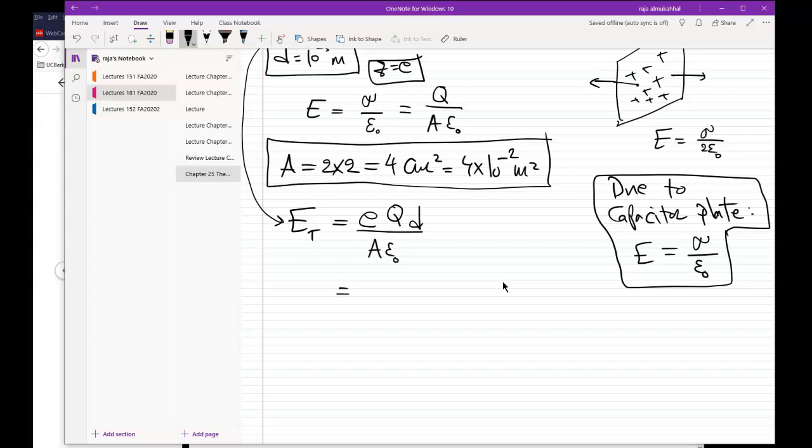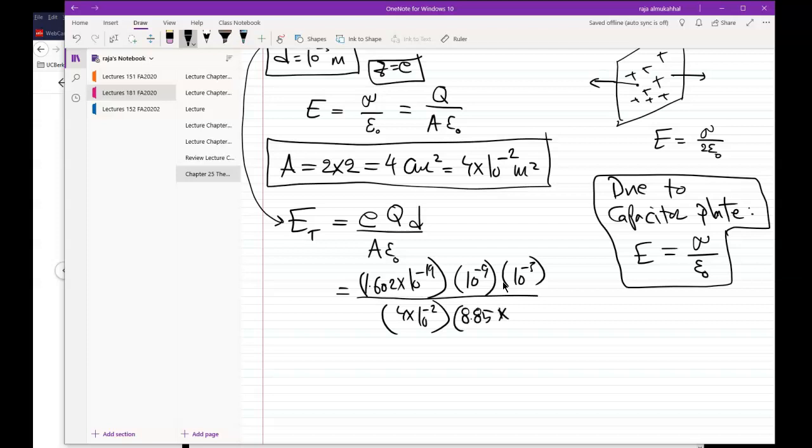So the fundamental charge, 1.602 times 10 to the negative 19, times 1 nano, 10 to the negative 9, distance, 10 to the negative 3, divided by the area is 4 times 10 to the negative 2, times epsilon naught, 8.85 times 10 to the negative 12, and then we just calculate that.